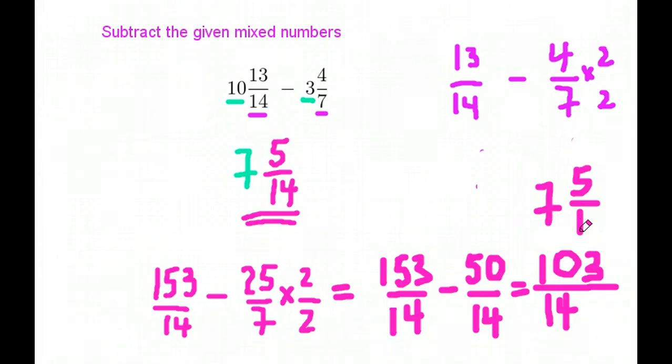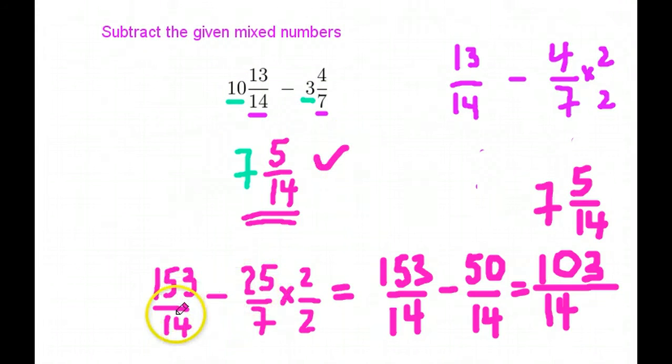So you see, we have now solved this problem by taking two approaches. The first approach is we converted the fraction part, and we subtracted the fraction part from the fraction part and the whole number part from the whole number part. And this is the answer we arrived at.